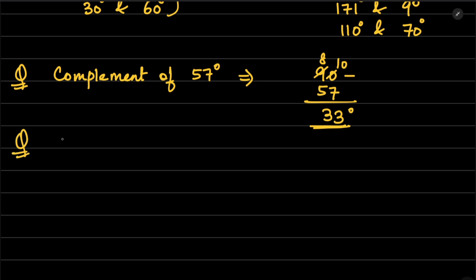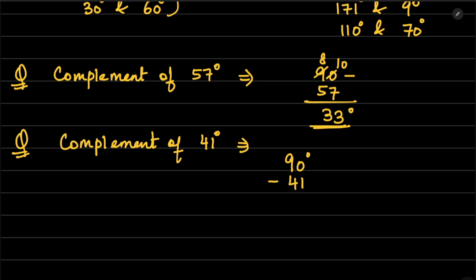Next one. What is the complement of, say, 41 degrees? Since it's complement, you immediately take 90 minus 41. So here you have 9, 8 minus 4 is 4, 49 degrees.